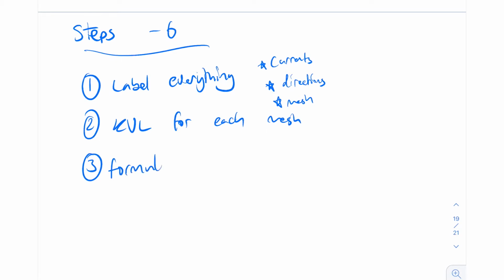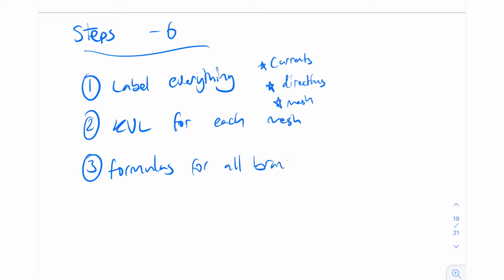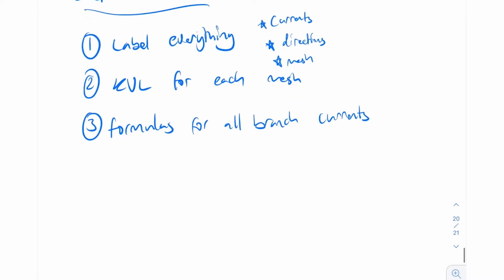Then after that, we're going to do the formulas for each branch, or the currents for each branch. So the formulas for all branch currents. The key point here, which maybe I should write down in a different color, is that it's the formulas for all branch currents in terms of the meshes.